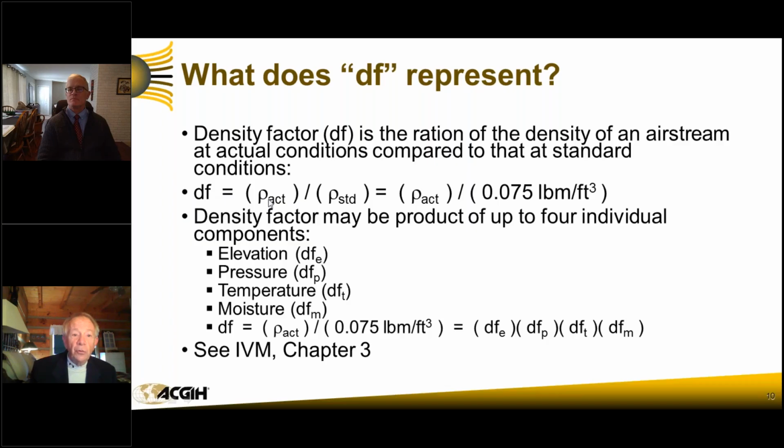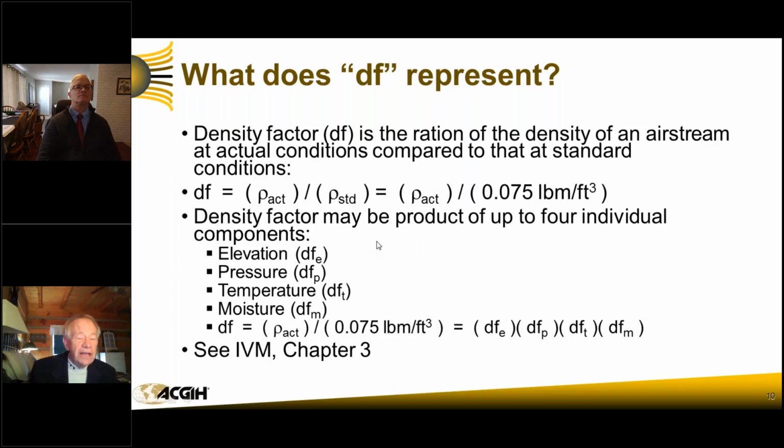Density factor is equal to rho actual, the density of air at actual conditions, divided by, in a ratio to, standard conditions. So we always take our actual, what we're reading, compared to 0.075 pounds per cubic foot, which is the weight of air, if you remember from section 1.